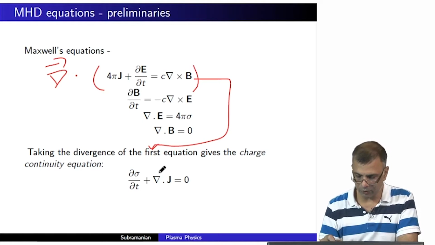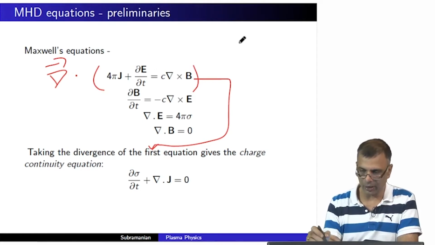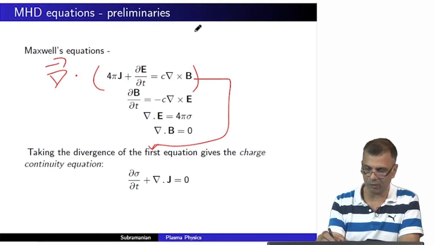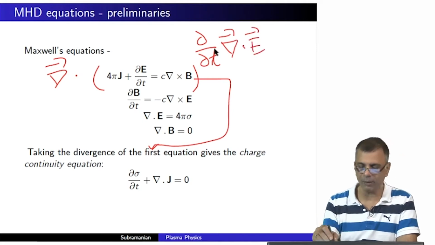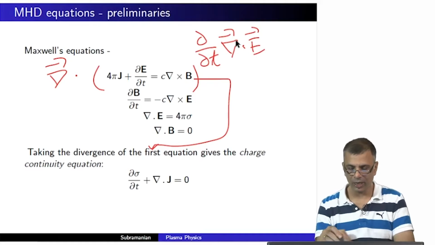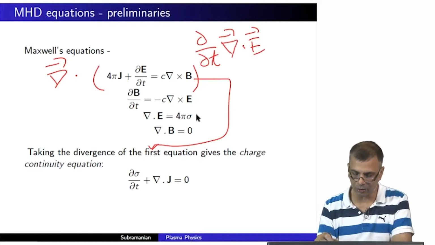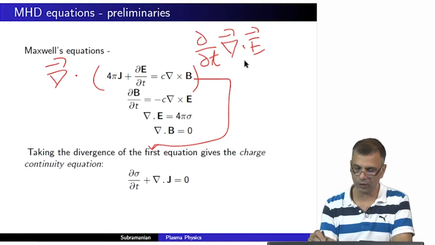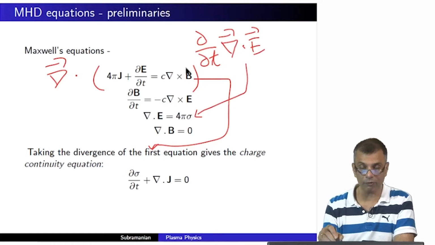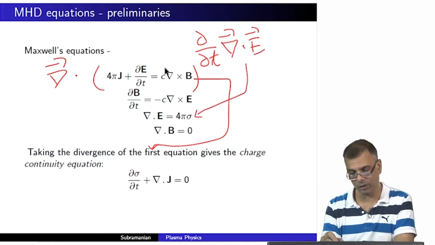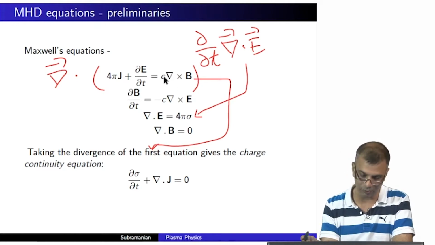So, I have the divergence of J, and the divergence of, well, this would essentially become d over dt of the divergence of E. I am assuming that the time and space derivatives can be interchanged, and for the divergence of E I substitute from here. Okay. And the divergence of a curl is always 0. So, therefore, taking the divergence of the right hand side just gives you 0.